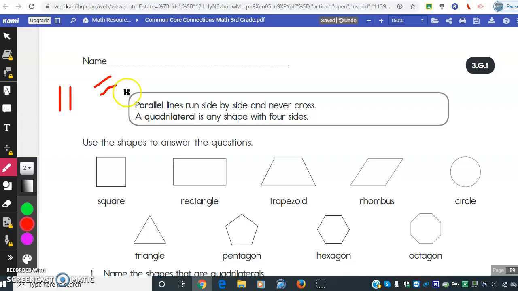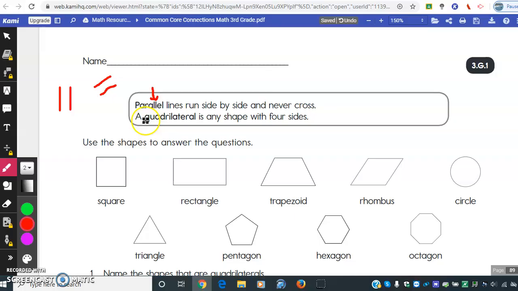And one thing you can remember is these two L's in the word parallel are parallel. The two L's run the same direction. They're never going to cross over and touch. It just kind of reminds you what parallel means.